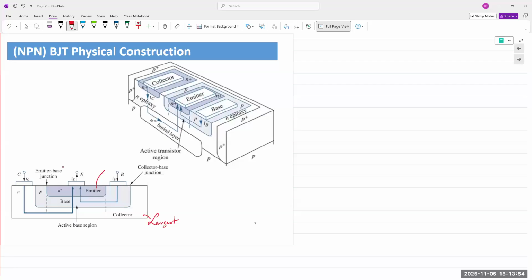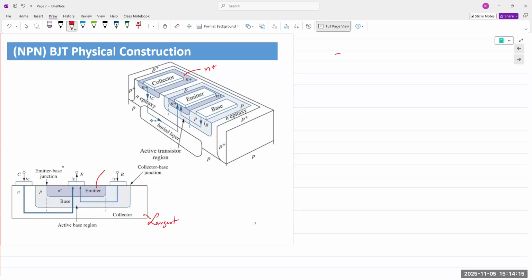And so what we show here is N-type material for the collector. And so it shows it as N plus. N plus is simply in relation to the doping levels in that transistor.